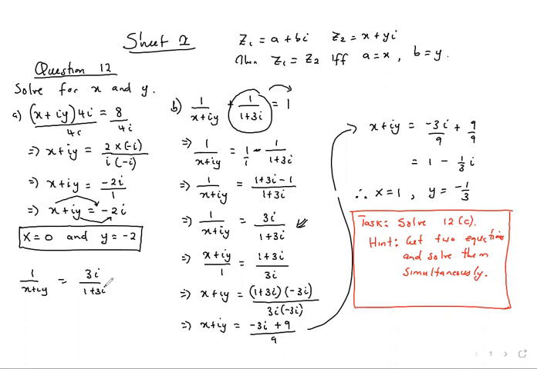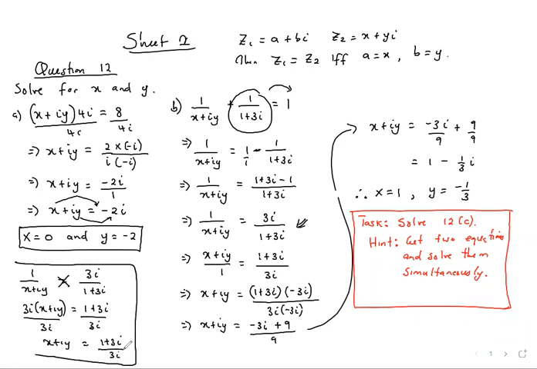Then, since you're looking for x plus iy, you cross multiply. So you have 3i multiplied by x plus iy, which is equal to 1 multiplied by 1 plus 3i. Since you're looking for x and y, you divide by 3i. So you have x plus iy is equal to 1 plus 3i over 3i. What we've done here is the same as switching.